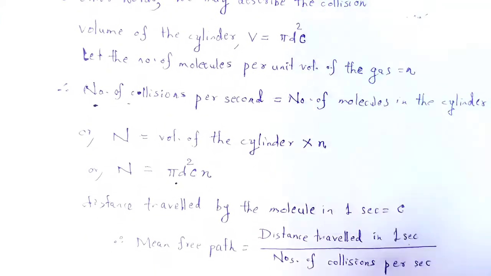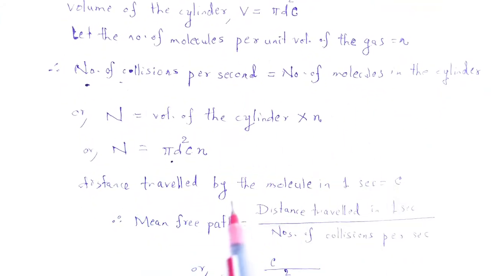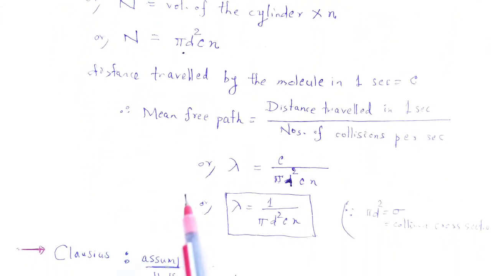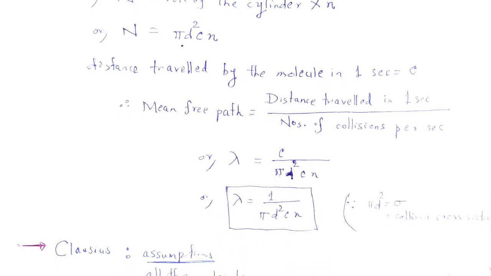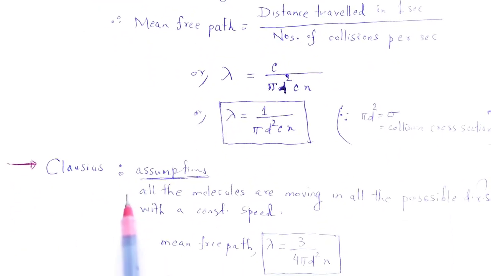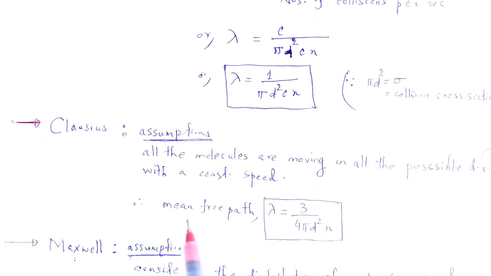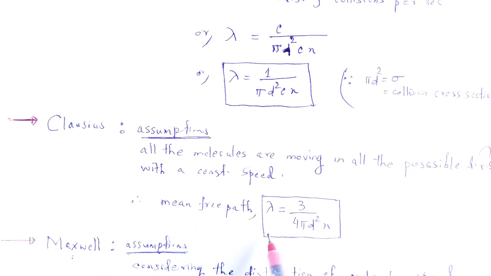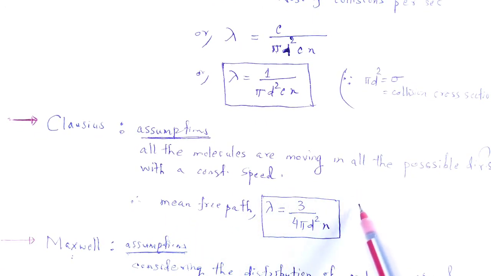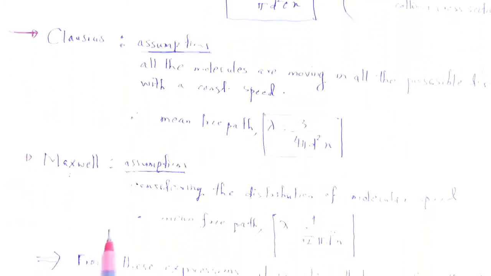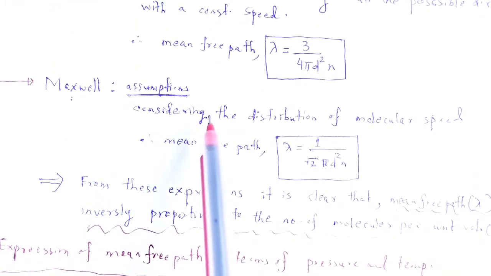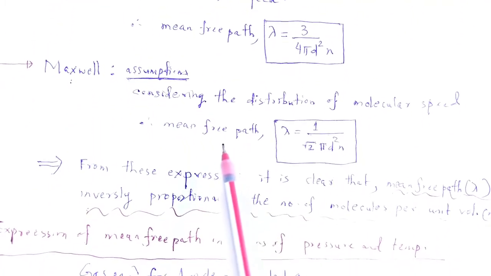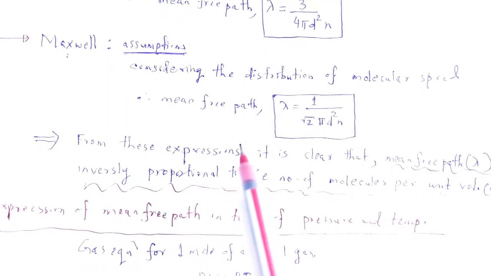According to Clausius, taking this assumption, he derived the mathematical expression for mean free path, and Maxwell, taking that assumption, derived the mathematical expression for mean free path.